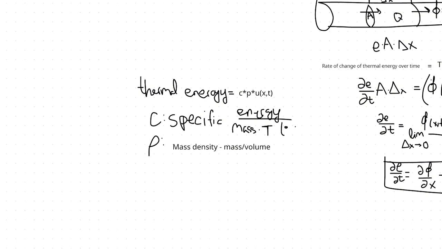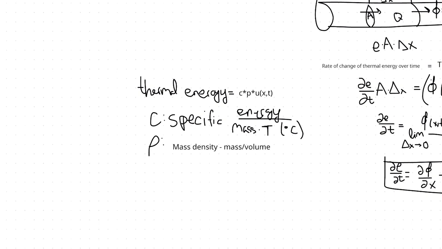Right? So for a given substance, because every single material has a different heat capacity, this is the amount of energy it takes to increase the temperature of this much mass of a material by this temperature.